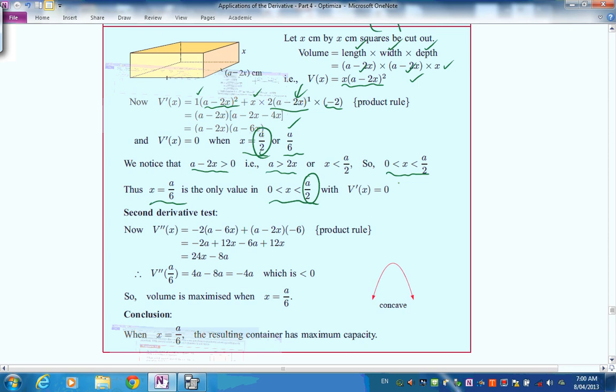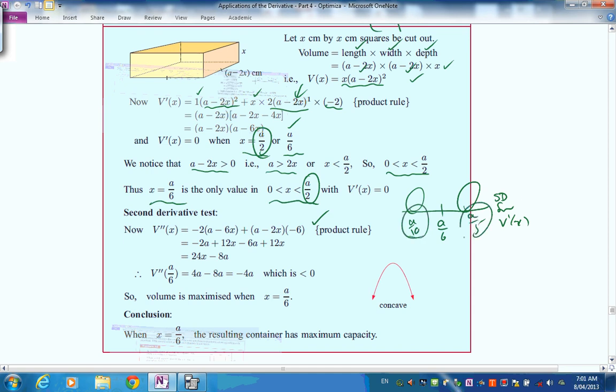So here we use the second derivative, because it's very hard to work with a value here, A on 6, and do a sign diagram for V dashed x. Very hard because you have to put in what? What's less than A on 6? A on 10, and A on 5 or something.